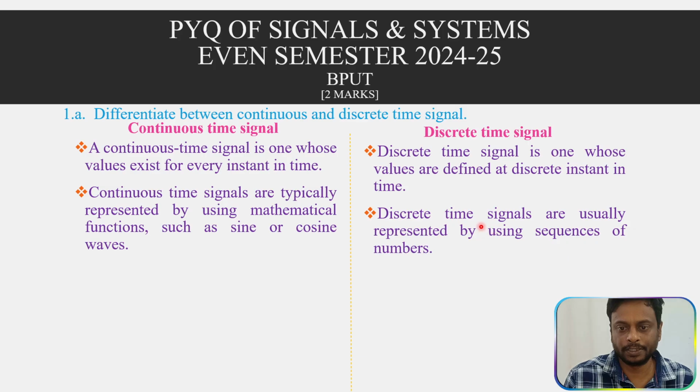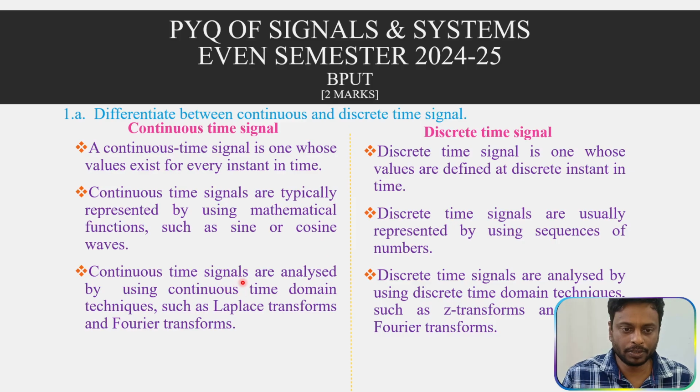Similarly, discrete time signals are usually represented by a sequence of numbers. Discrete time signals have values defined at discrete intervals of time.